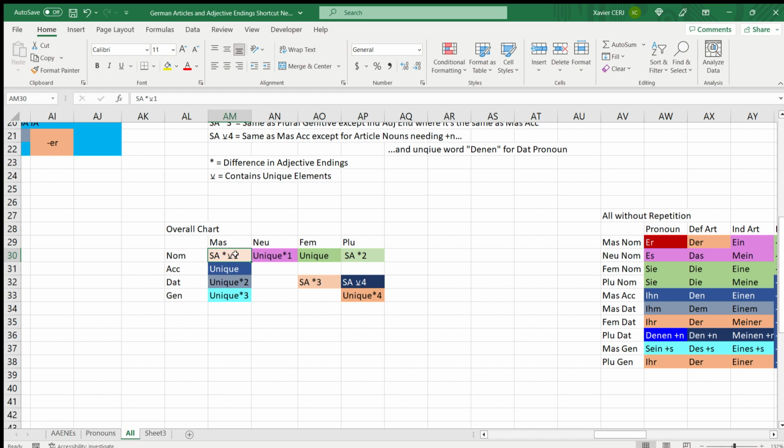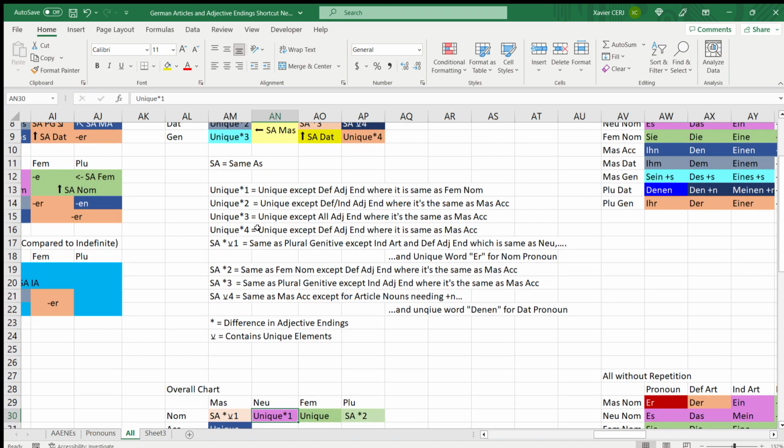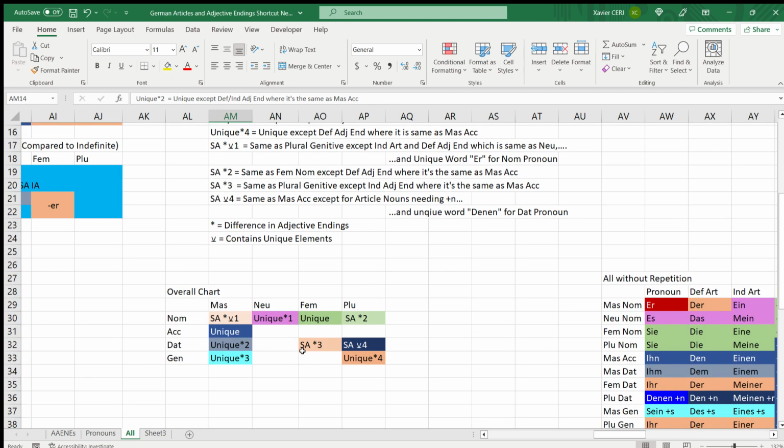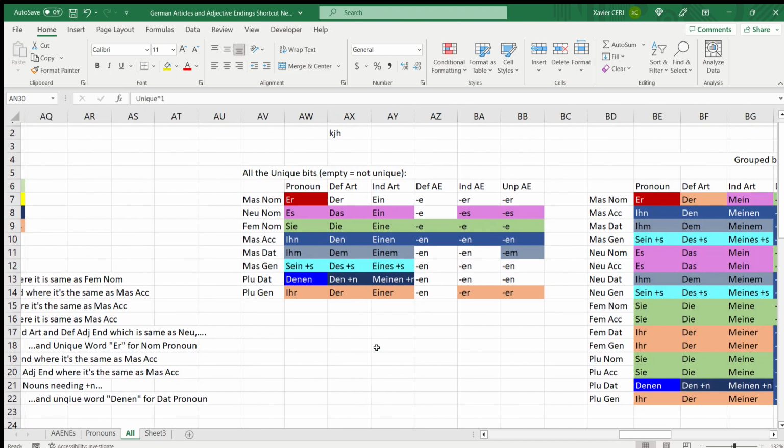The definite adjective ending is the same as the nominative neuter, which is also the same as the feminine nominative. That's why we have unique star one. Oh, I didn't explain the stars here too. I'll do that in a second. But this is the same as that in that specific case because it is ending with an E. These two here, copy these.